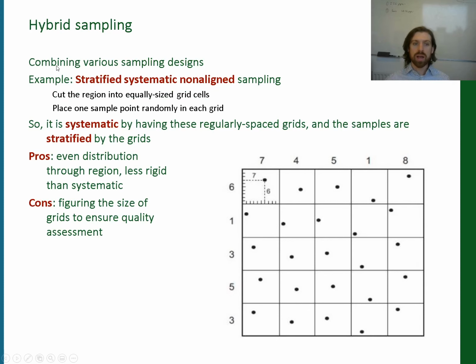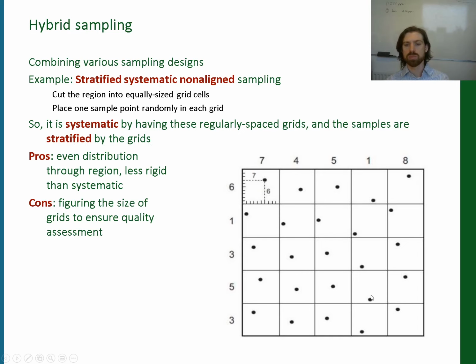Hybrid sampling. So you could combine various sampling designs. So you could use a stratified systematic non-aligned sampling approach. So you cut the region, as I've done here, into equally sized grids, and you place a sample point randomly within each grid. So it's systematic by having all regularly spaced grids, but then the samples are stratified based on the grid.